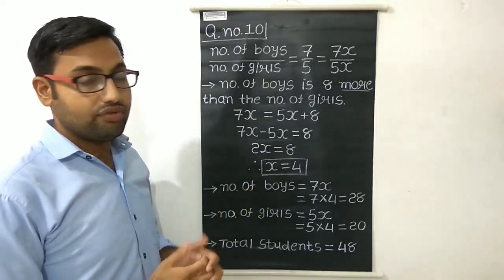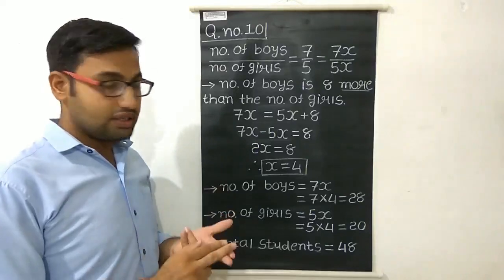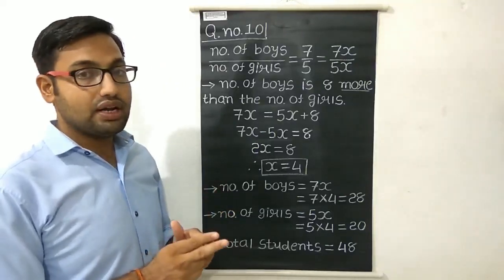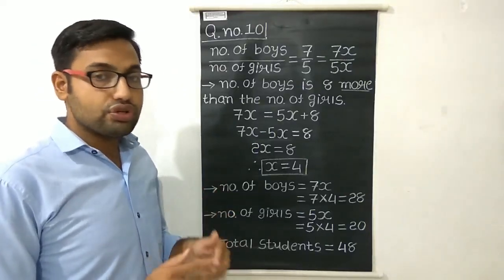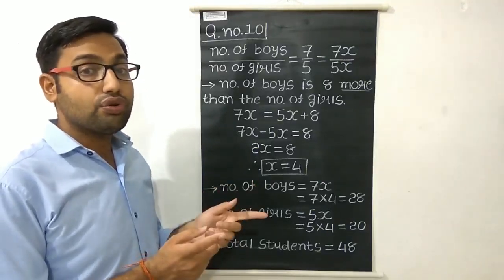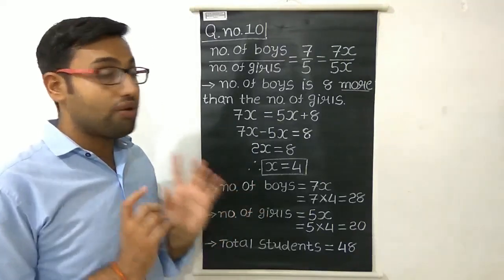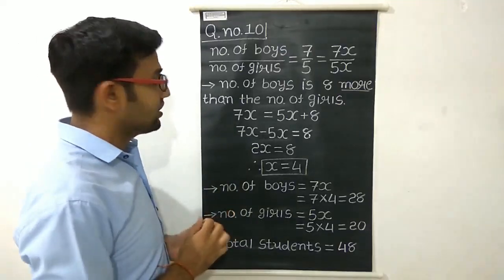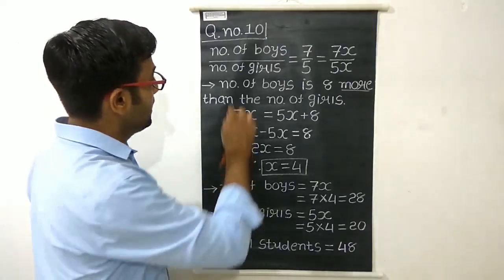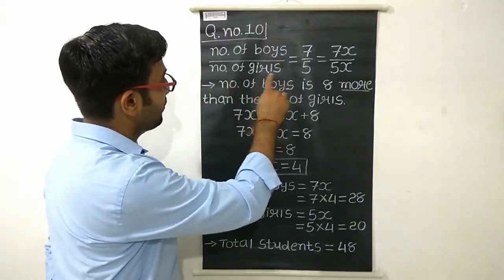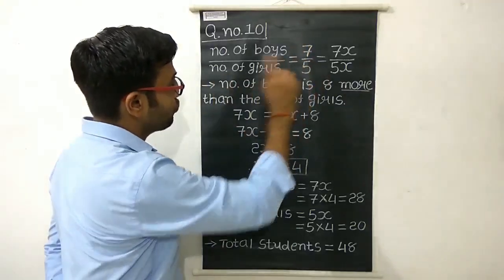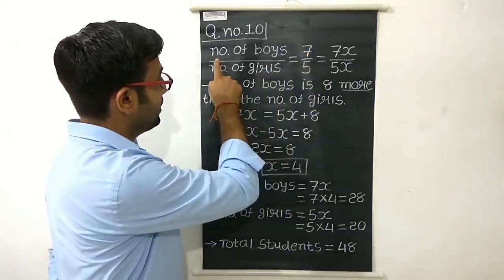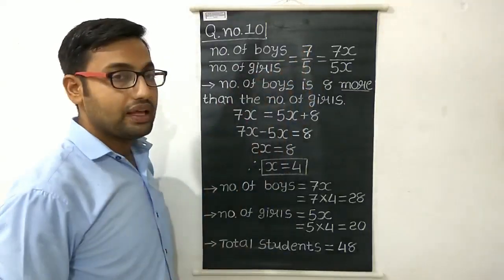So here again we do not have to suppose any number as x. We have to use our variable. Where to use that, you know now very well. The ratio of the number of boys and girls given in the question is 7:5.